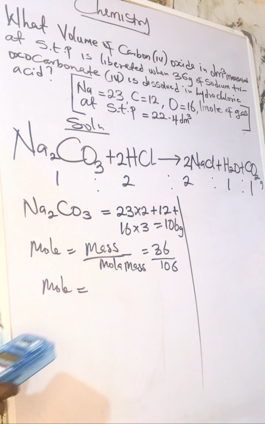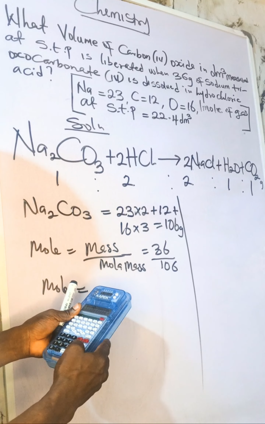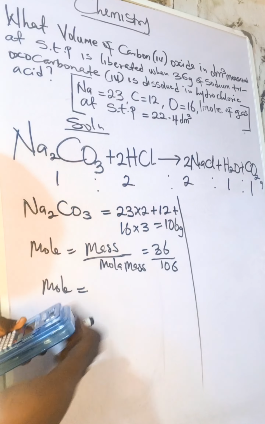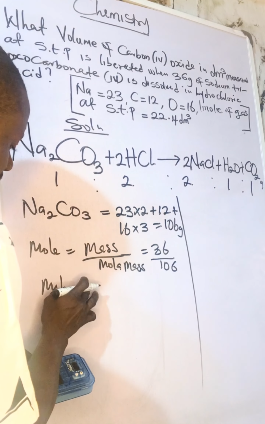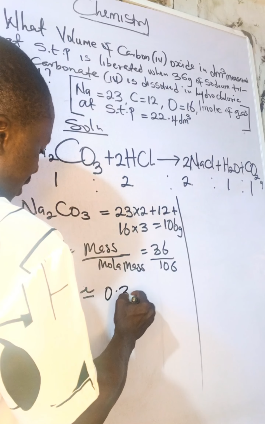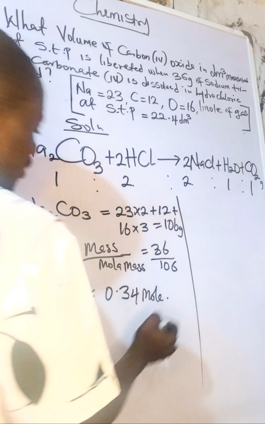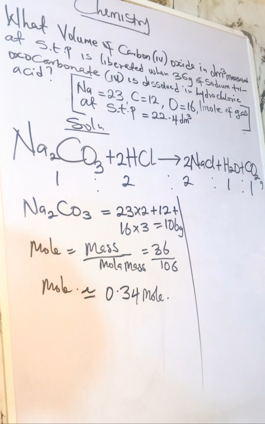The mole is going to be 36 divided by 106, which is approximately 0.34 mole.